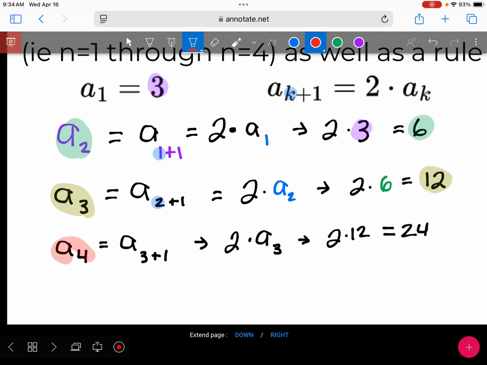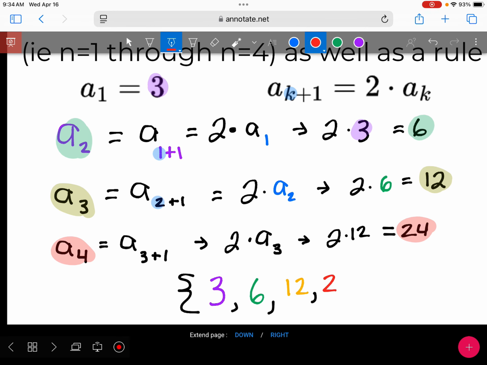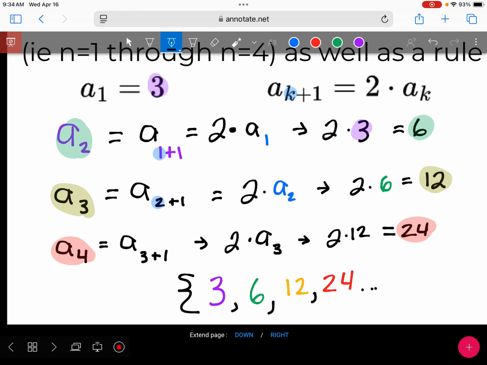So our a sub 4 is 24. If we wrote this as a sequence, we would have 3, 6, 12, and then 24, and it would continue.